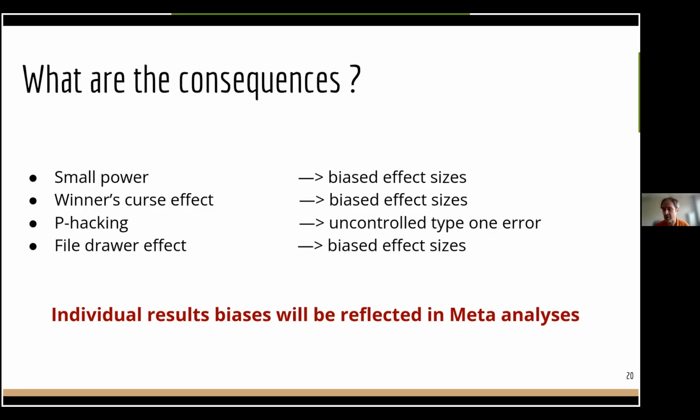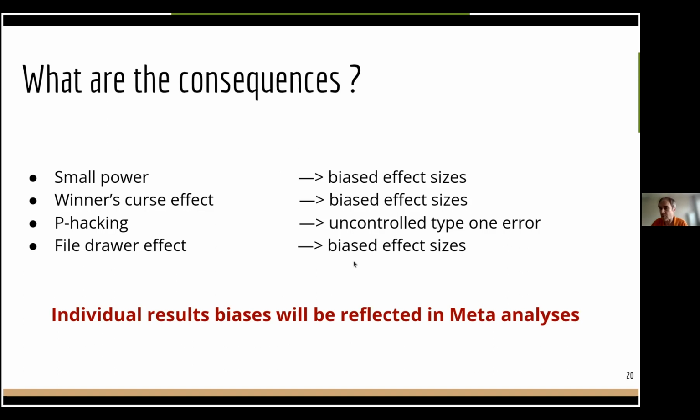P-hacking actually biases the effect size in the other direction, possibly. You may report effect sizes that are smaller. And the file drawer effect also biases the effect size in the positive direction, because you can't average with things that are non-significant. You're biasing again towards a larger effect size.